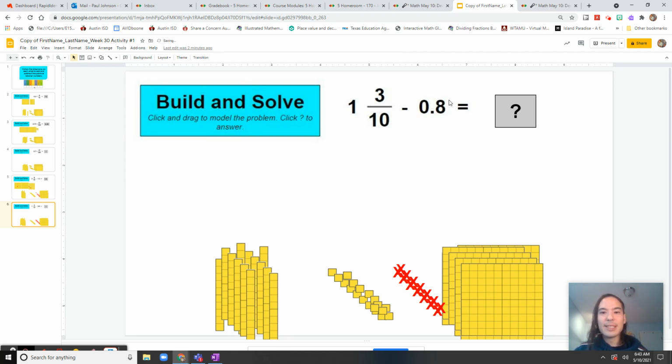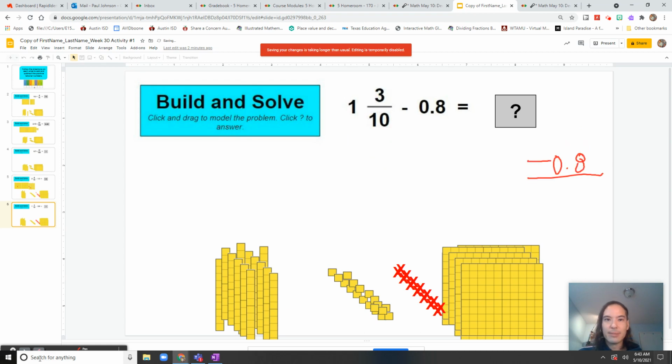Change that to 8/10 as the fraction. Either or. So if we set this up, 1 and 3/10 minus 8/10.